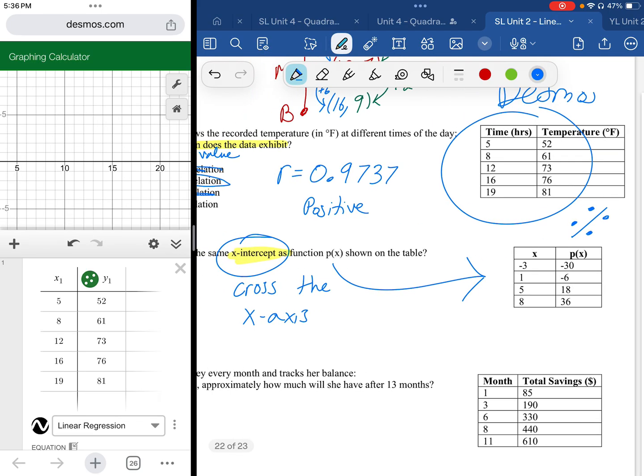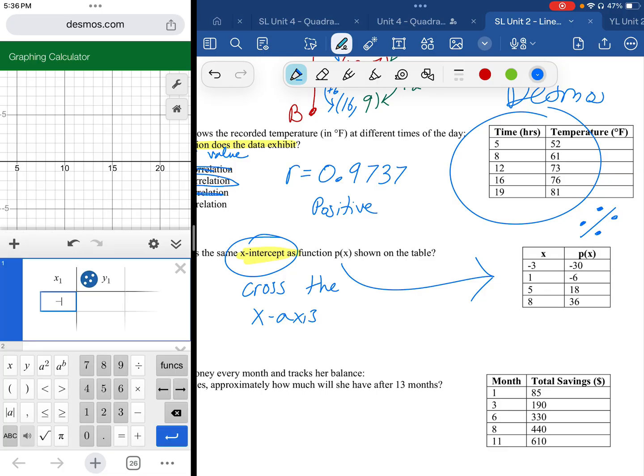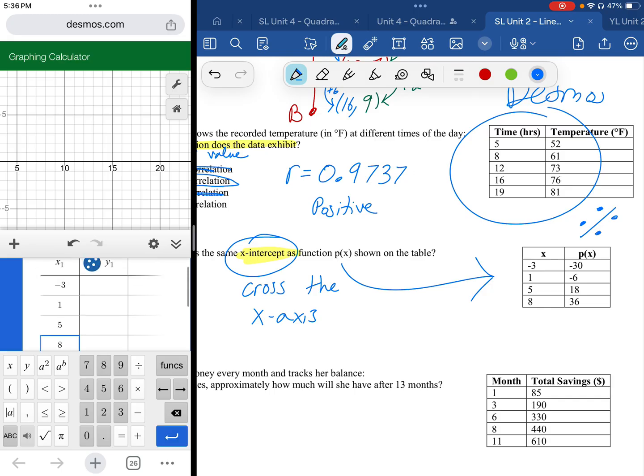So what I'm going to do, I'm going to take my table and put it in Desmos like we have been. -3, 1, 5, and 8. And then we have -30 and -6 and 18 and 36.